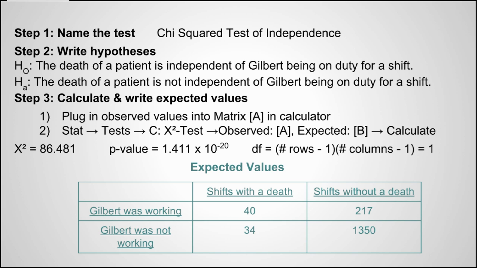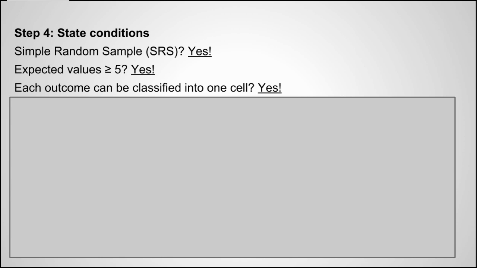And for my expected values, I made a two-way table again, and I labeled just like the two-way table for observed values, but I labeled this expected values. So as we know, we need to state conditions as step 4.